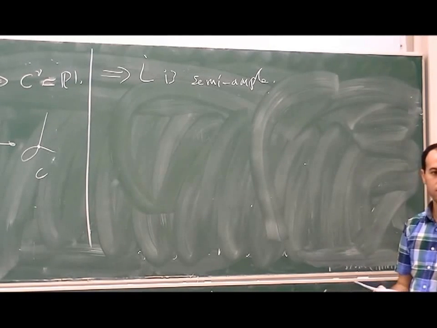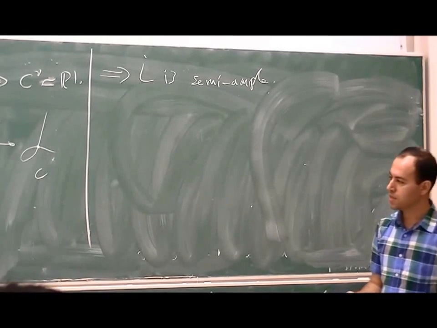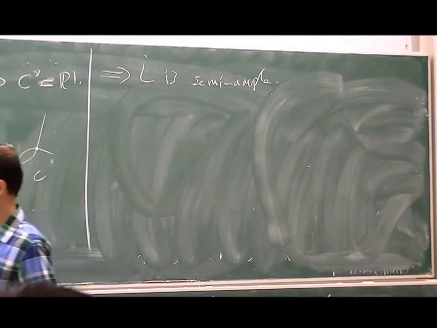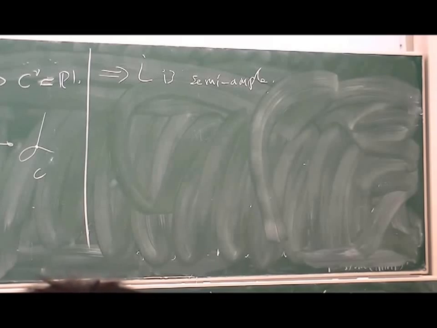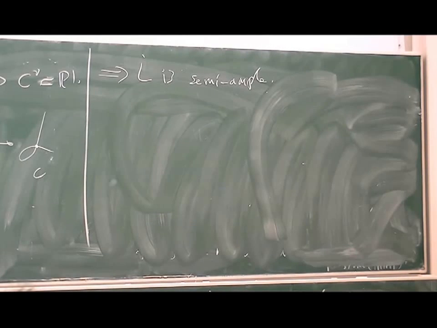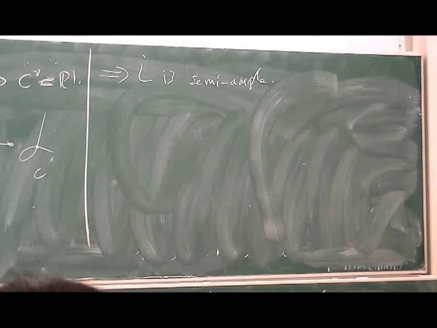That's because you assume L is nef, right? Yeah, of course, this intersection number is 0, so this is numerically equivalent to 0. On P1, numerically trivial means linear.